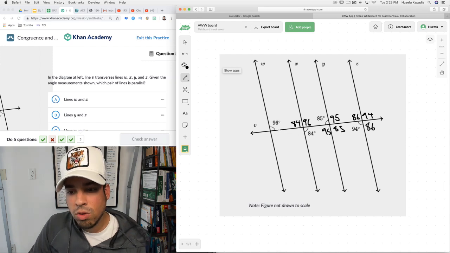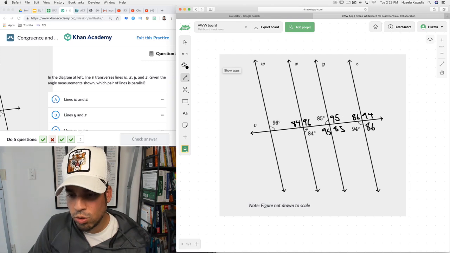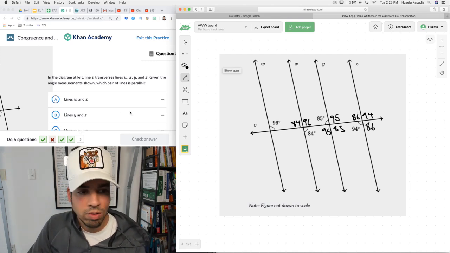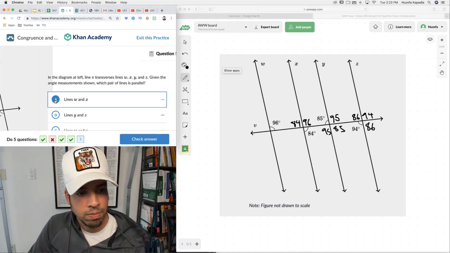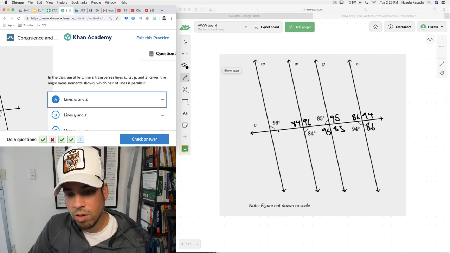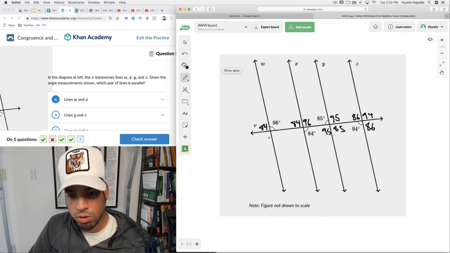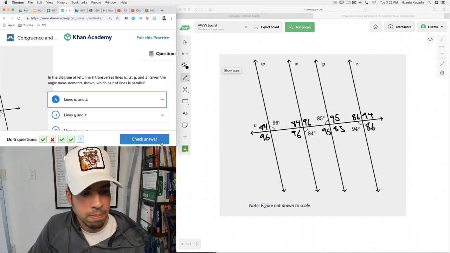So there's no other good corresponding angles. Look, 96, 95 doesn't match, 94 doesn't match. These don't match with each other. The only two that are parallel are W and X. Yeah, and I mean this angle here is 84 also. This is 96. You can also see with alternate exterior angles, alternate interior, this is also 96, so many ways.